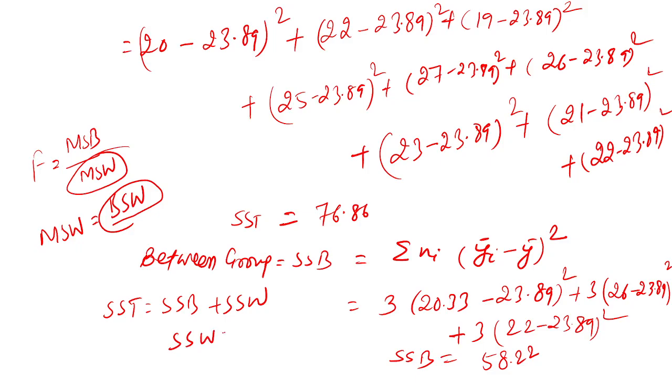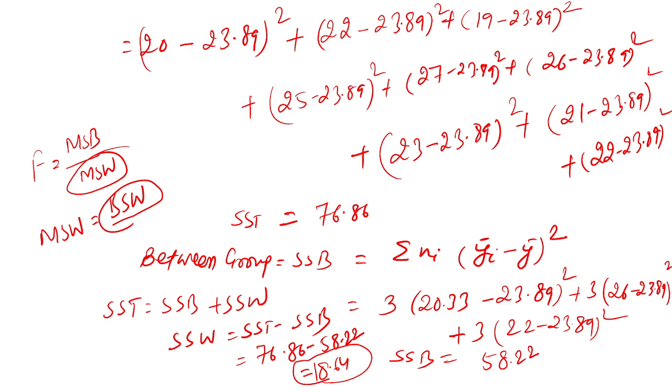So SSW becomes SST minus SSB. We have the total 76.86 minus 58.22. So it will become 18.64, that's the value we got.